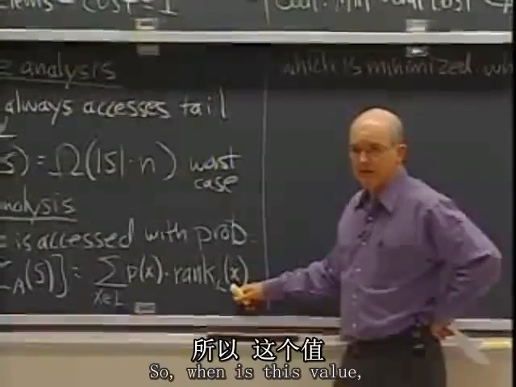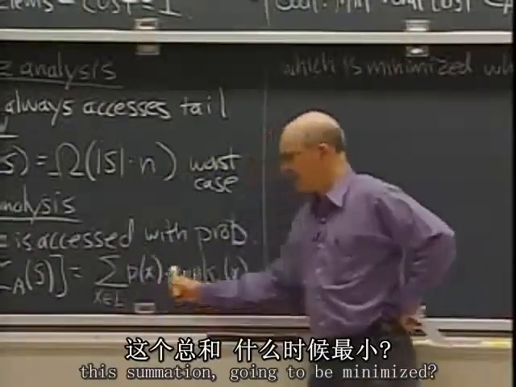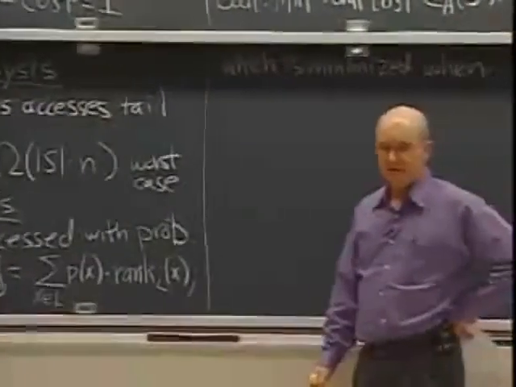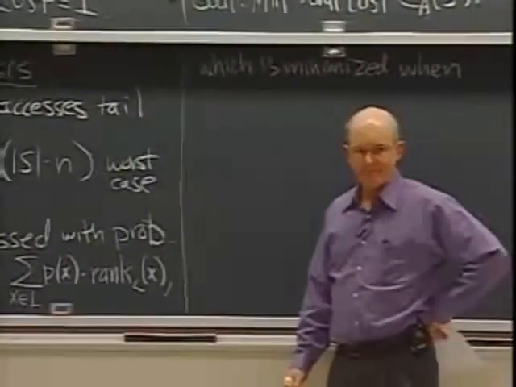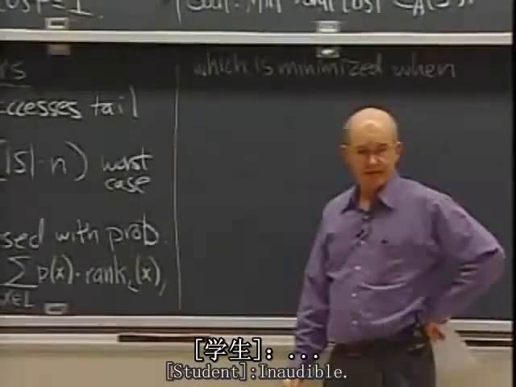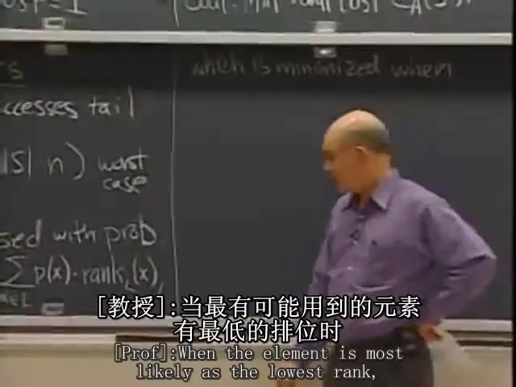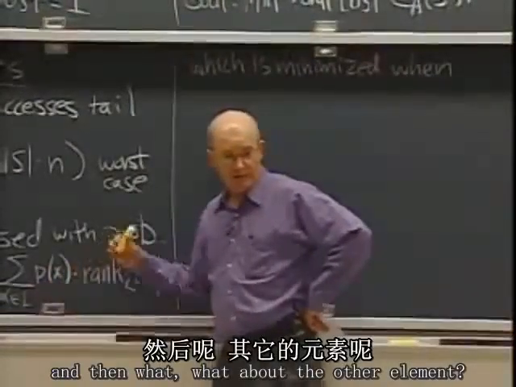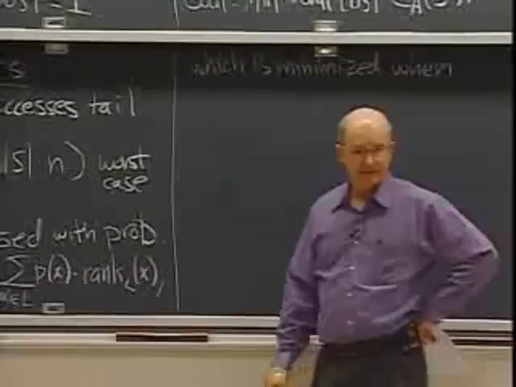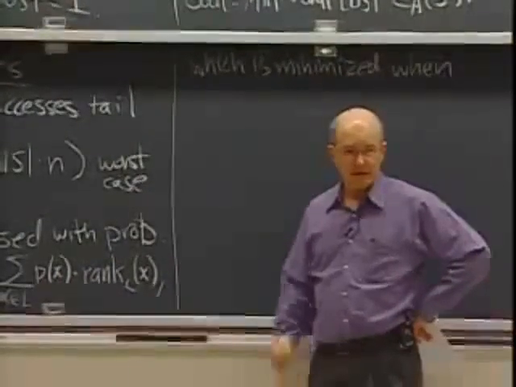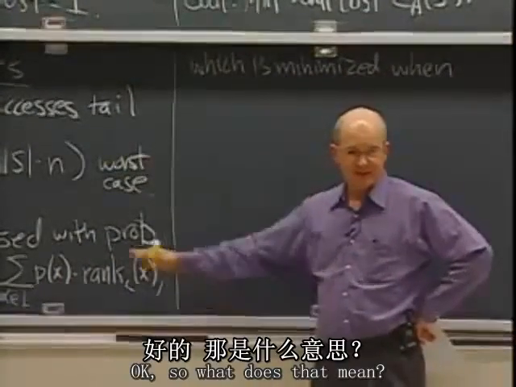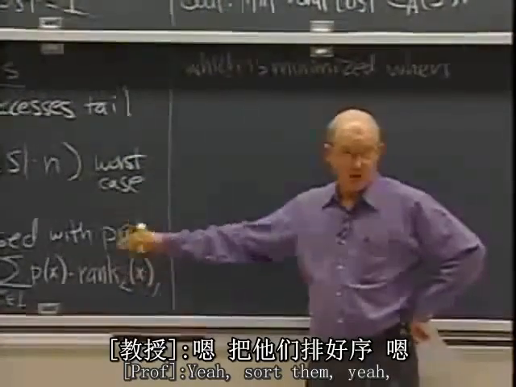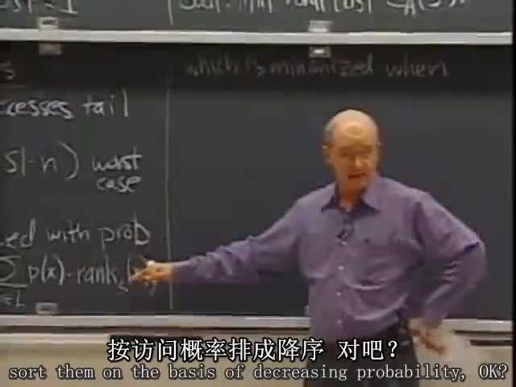So when is this summation going to be minimized? When the element you most likely access has the lowest rank, and then what about the other elements? So you order them based on the probability of access. Yeah, so you sort them in decreasing probability.